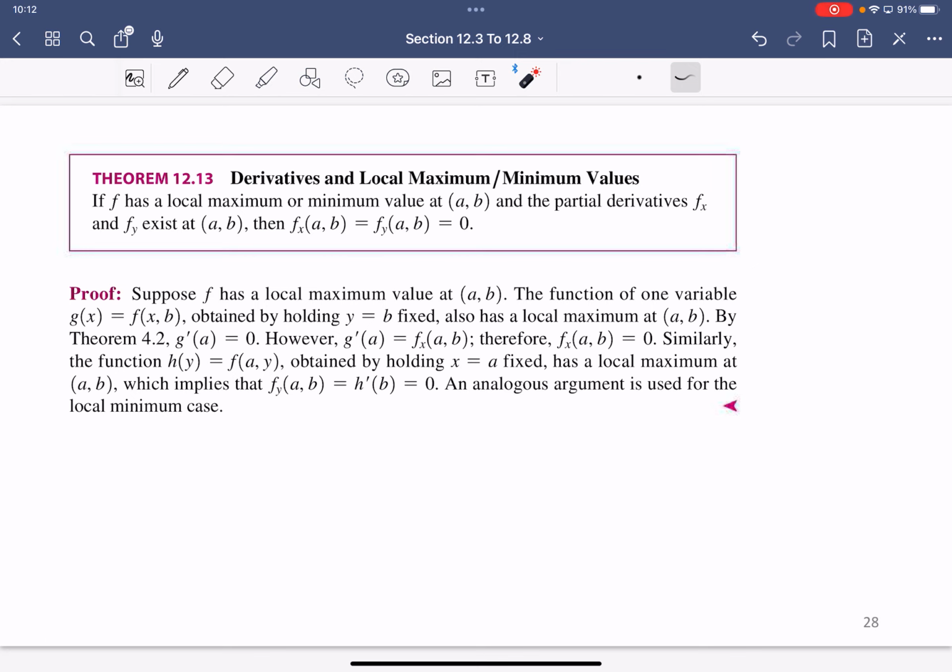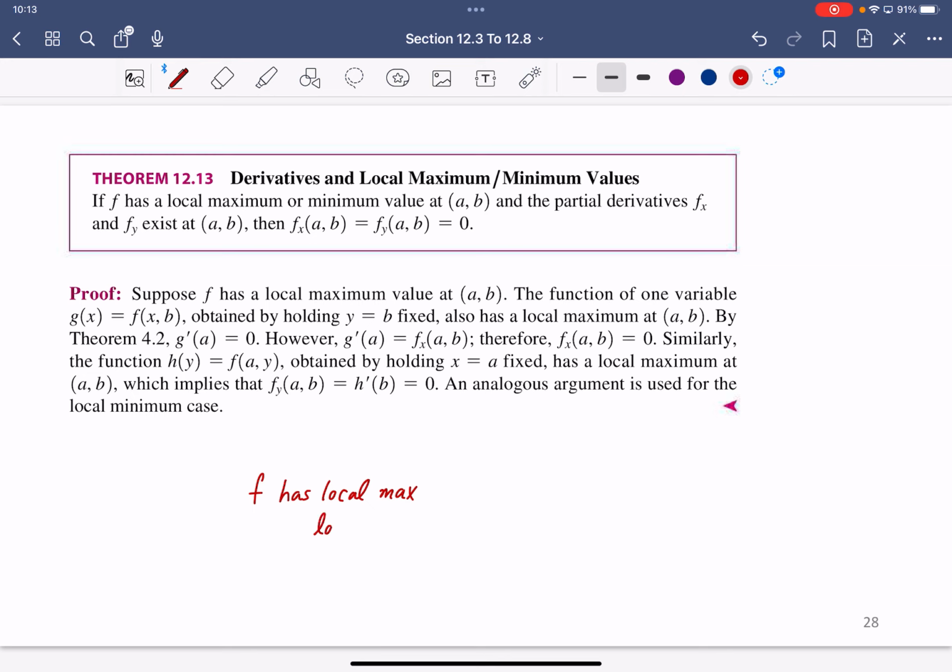So this is the first thing that you're gonna learn from this chapter. Theorem 12.13, derivative and local max and local min value. If f has a local maximum or local minimum, then the partial derivatives of f with respect to x and with respect to y exist and are equal to 0.